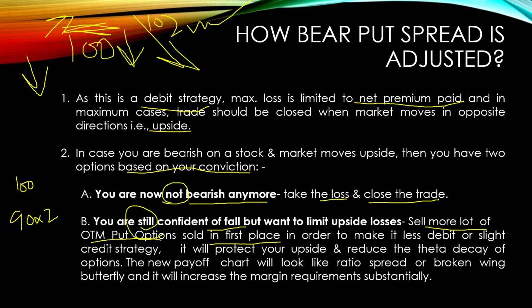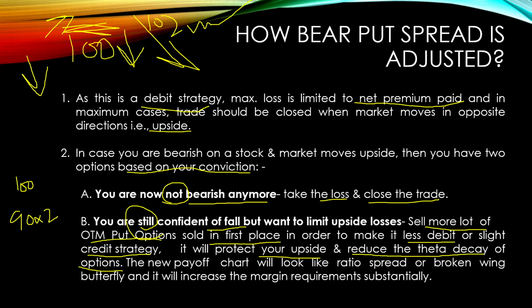This will reduce the debit of your strategy, or you can even make it a slightly credit strategy. So it will protect your upside, as the loss is always limited to the net premium paid, and it also reduces the theta decay of the option, because now this strategy is less of a debit.